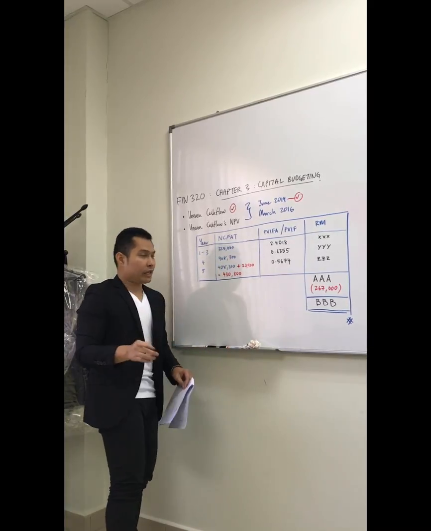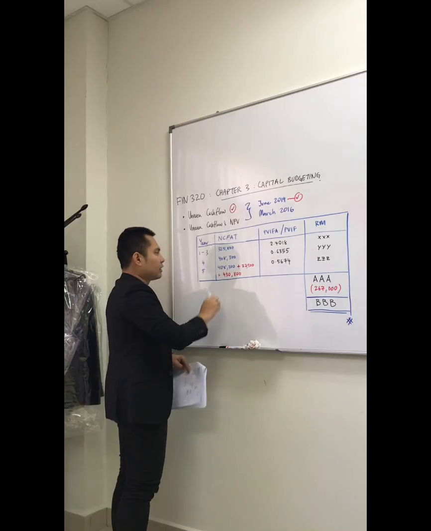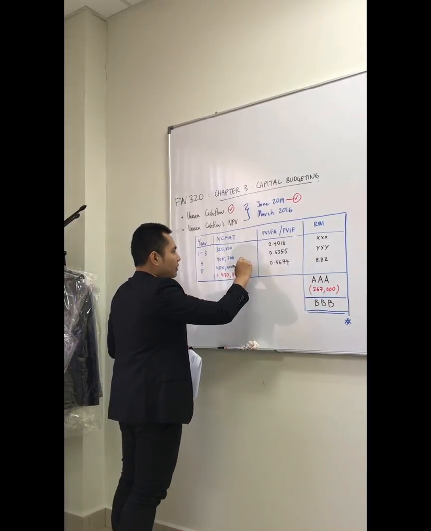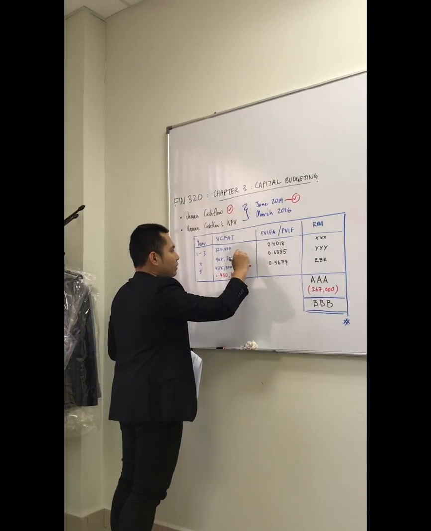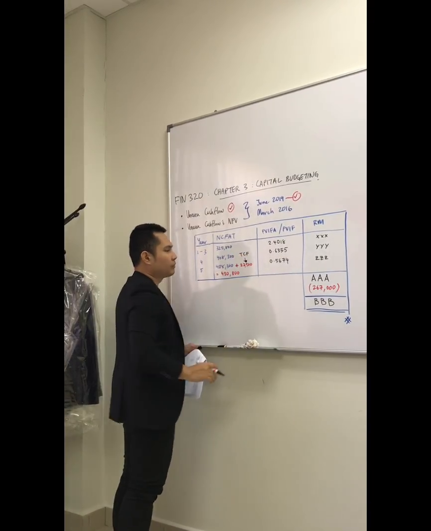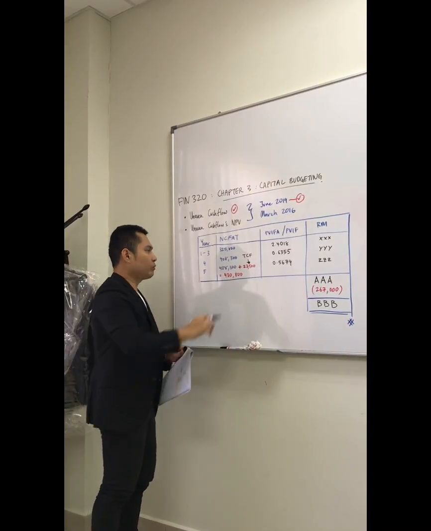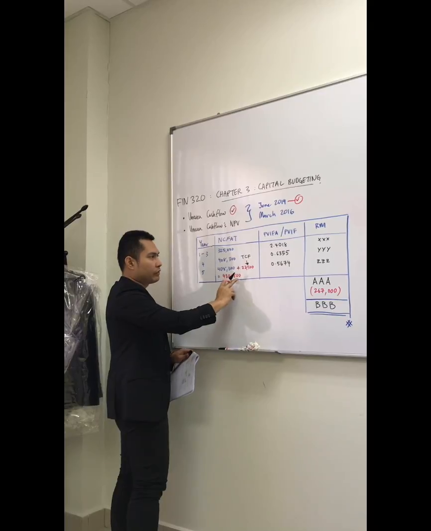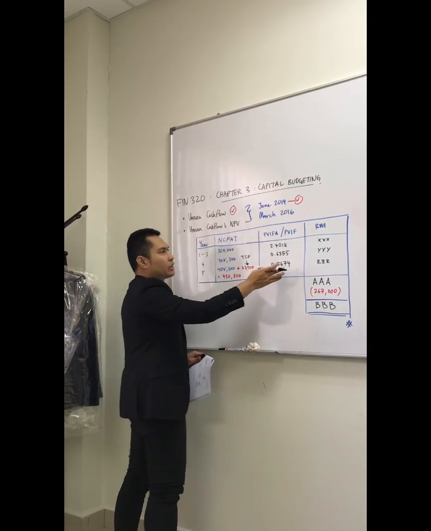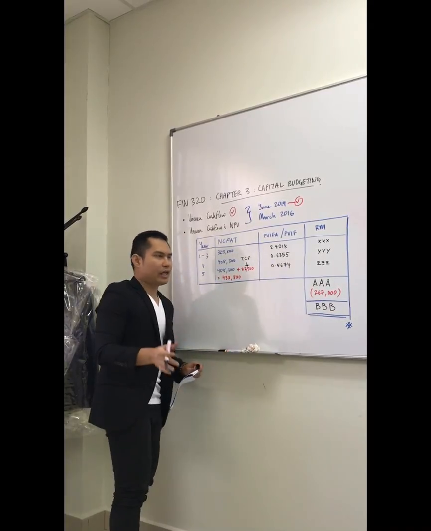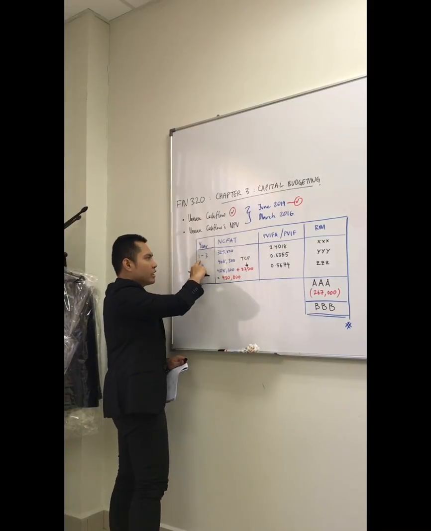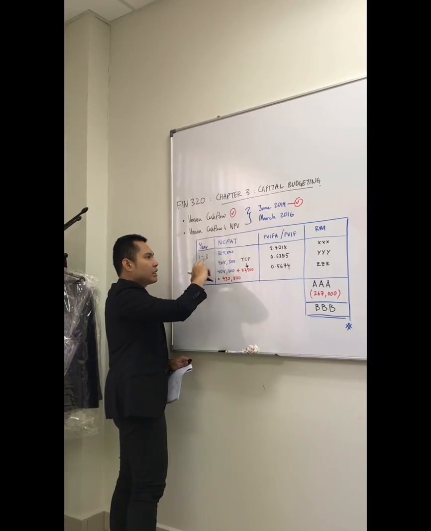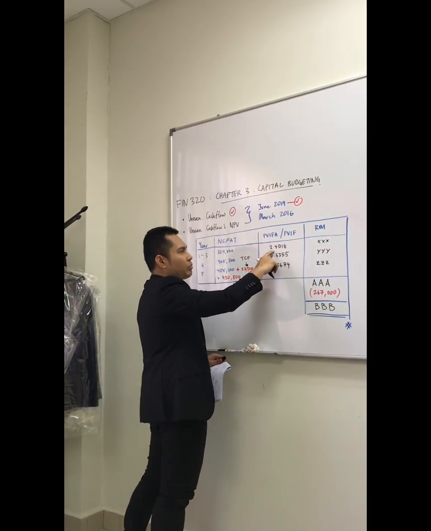Now, on year 5, you need to add the terminal cash flow to the cash flow, and then you get a new cash flow for year 5. And then you multiply with PVIF or PVIFA. Now, if it is consistent year by year, so from year 1 until year 3 is the same, then you can use PVIFA.